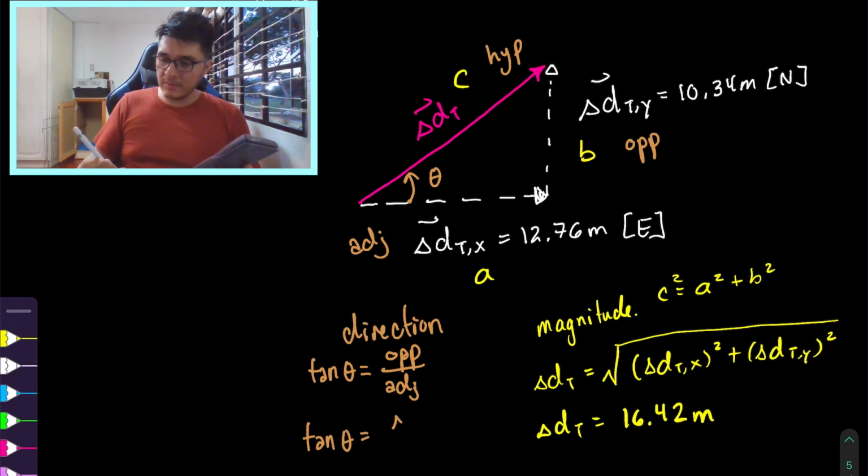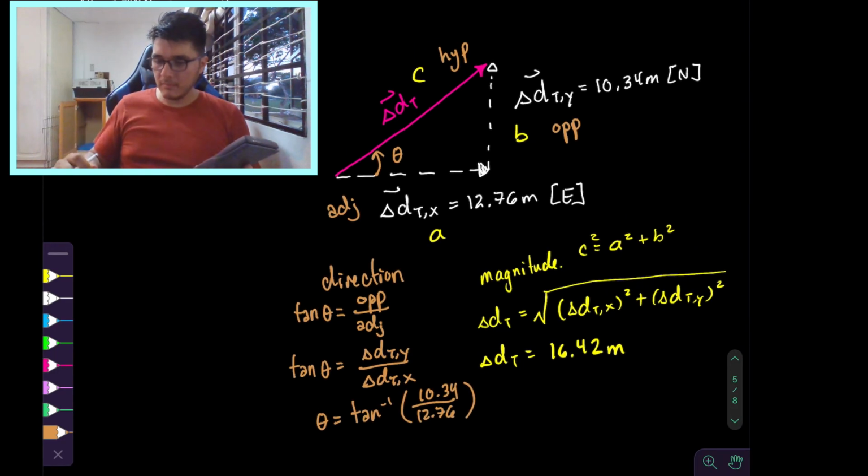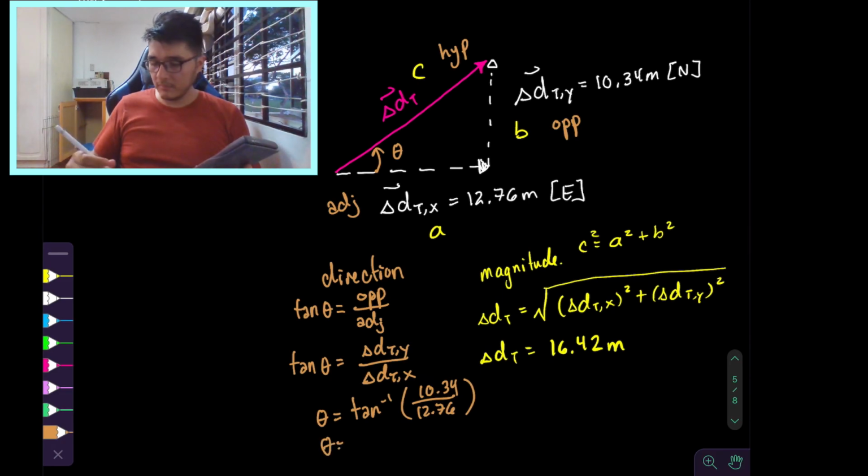So tan theta is just delta d_ty over delta d_tx. Okay, so let's calculate that. Shift tan. So 39 degrees. So now we finally found our total displacement.